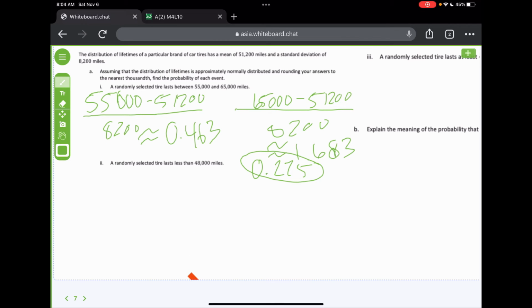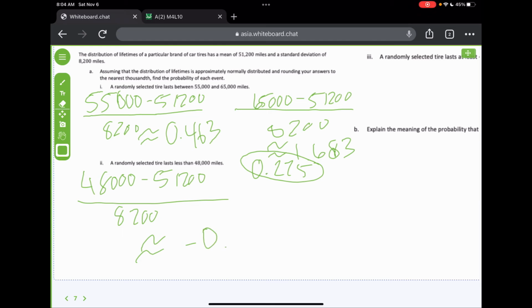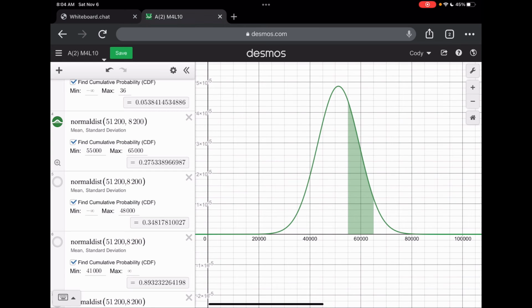Now, if I said my value is 48,000 minus the mean divided by the standard deviation, that ends up being a negative 0.390. Remember, the negative tells us that it's to the left of the mean. So if we go and calculate that, here we are, less than, meaning everything to the left of 48,000.